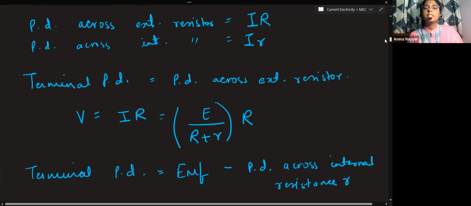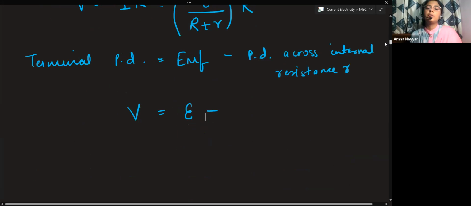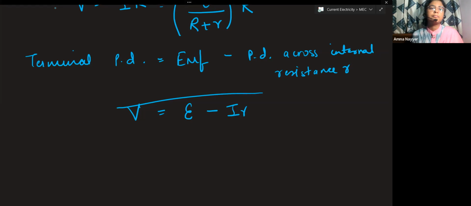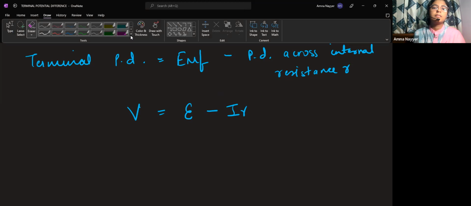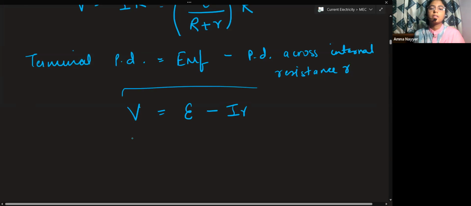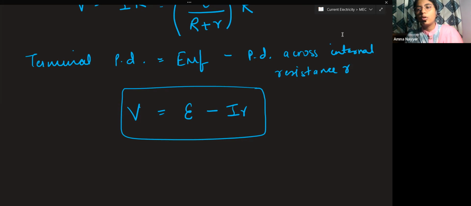What is that? See, we had calculated I small r. So this becomes your other formula: E minus I small r.